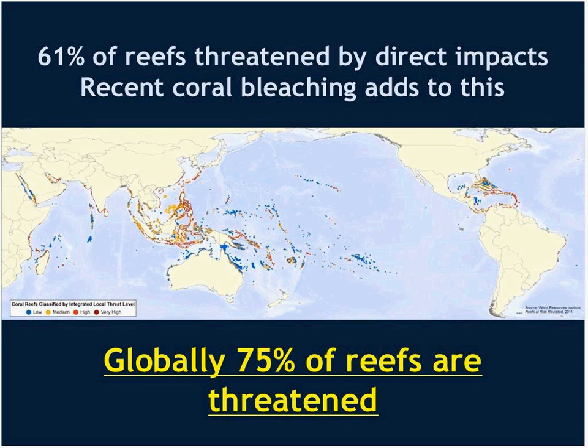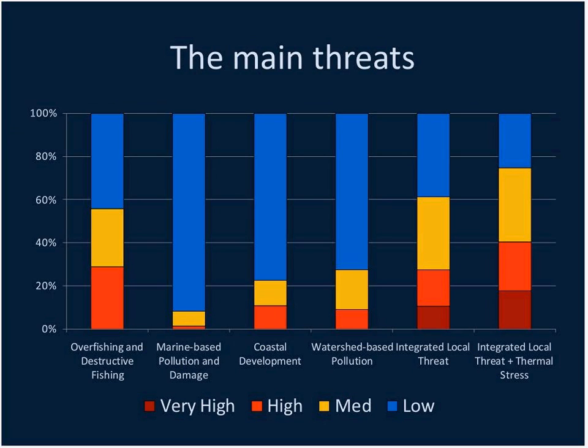Let me take you through the results in a little more detail now. Breakdown by threat type. You see from this graphic here that fishing and destructive fishing are the biggest single threat to the world's coral reefs.